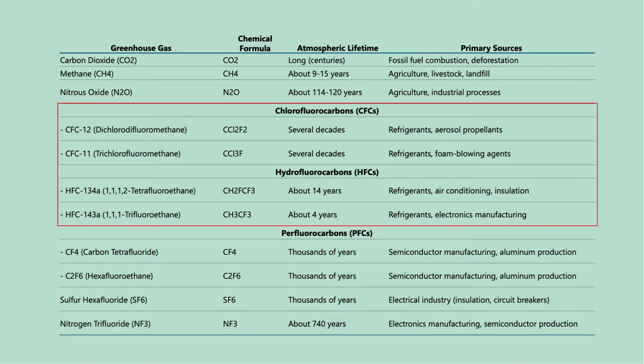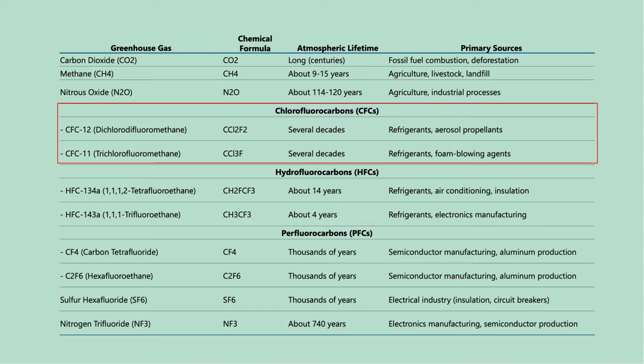We now discuss chlorofluorocarbons or CFCs and hydrofluorocarbons or HFCs. Chlorofluorocarbons, or CFCs as they are called, are synthetic compounds containing chlorine, fluorine, and carbon, such as CFC-11 or CFC-12.